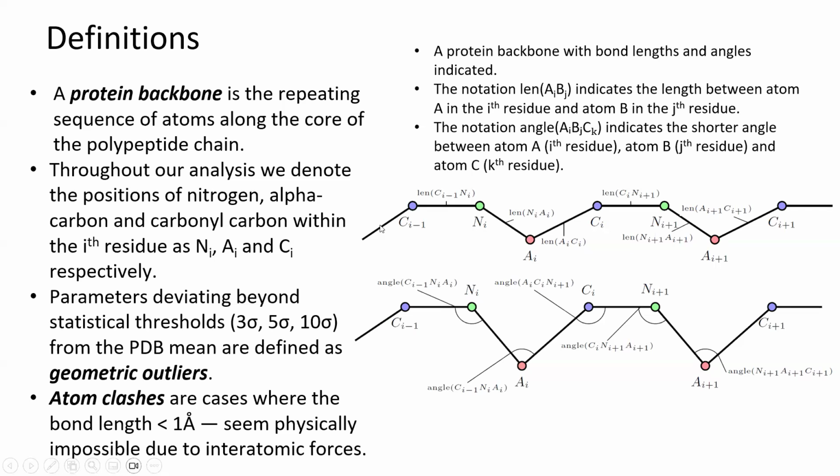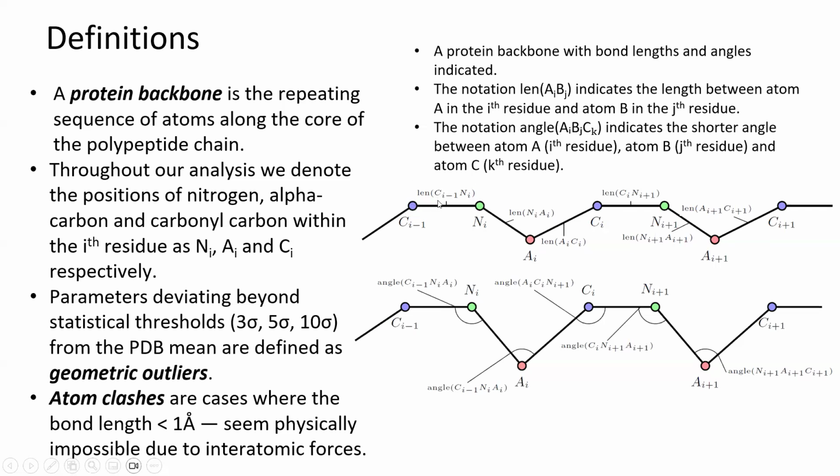You can see from the picture here on the right-hand side, we start at the carbonyl carbon from the previous residue. Then we go along N, A, C. These are all from the ith residue, and then onto the next residue. Labeled on these diagrams is both the length, where we use the notation length from the atom on the left to the atom on the right.